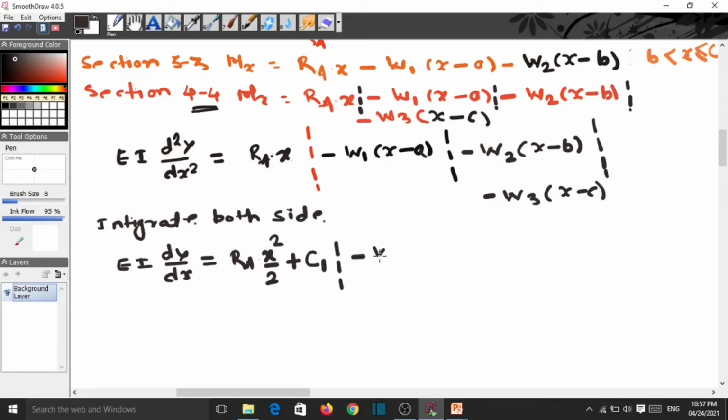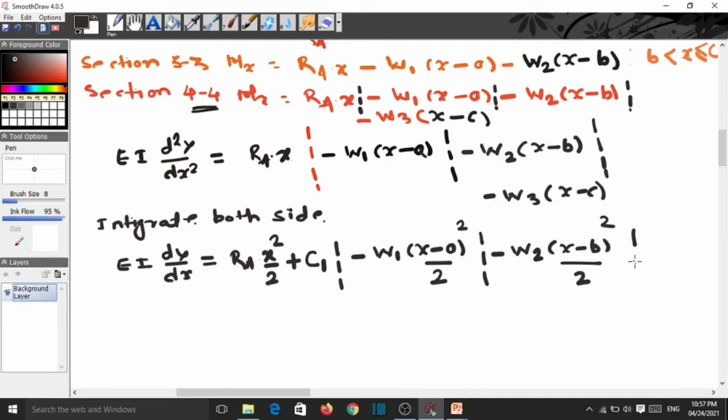Then minus W1 into, we know here X minus A, the integration is X minus A bracket square by 2. Then the third section, minus W2 into X minus B bracket square divided by 2.